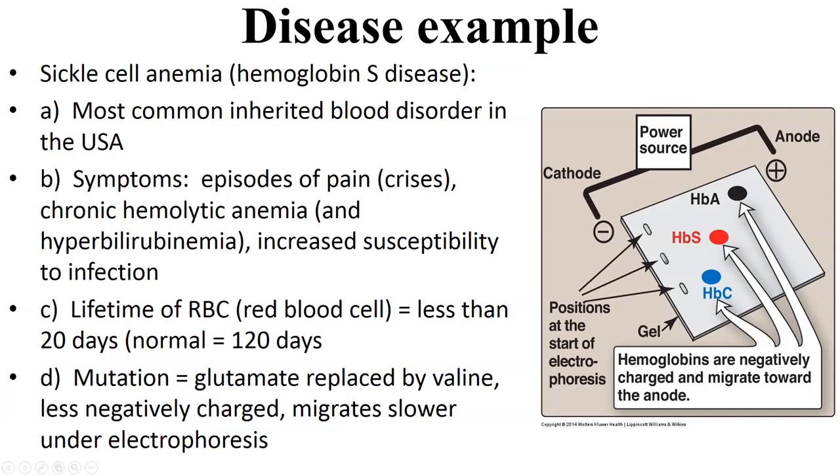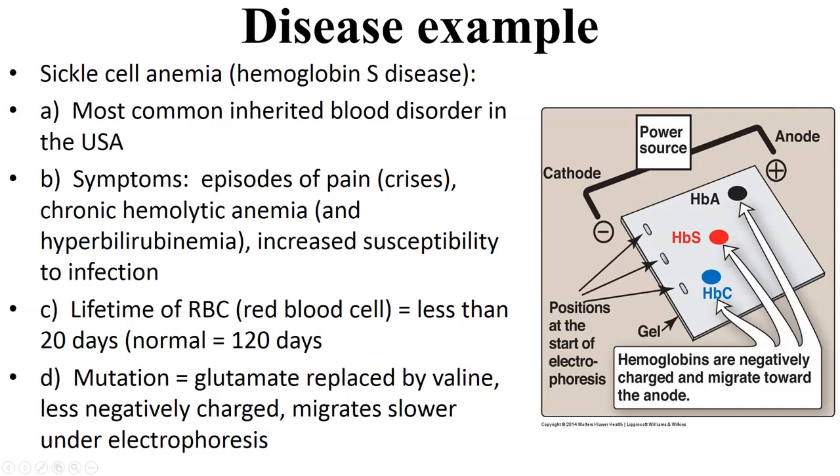So your body recognizes any red blood cell that's not shaped correctly and removes it from circulation. That's an example of a hemolytic anemia. And then you have increased susceptibility to infection. That's caused by all these little infarcts, all these little blood clots. That also blocks the cells which fight infection from getting to those regions. Therefore, you're more susceptible to infection.